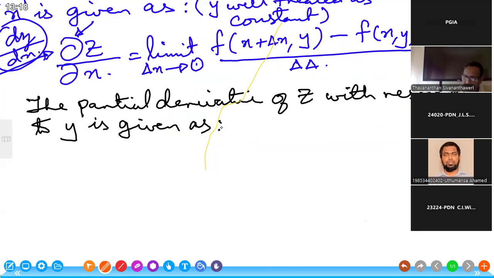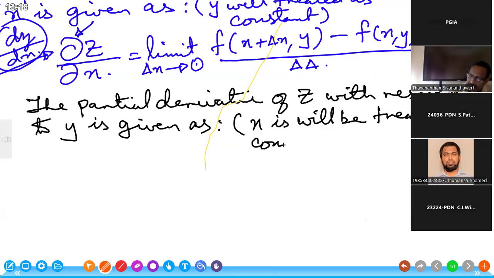When you take the partial derivative with respect to y, the second independent variable x will be treated as constant.